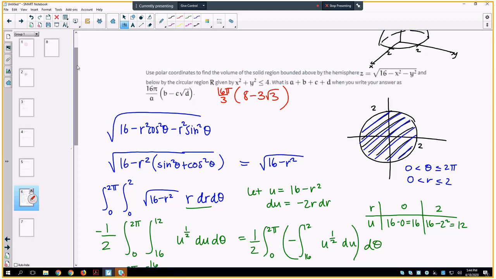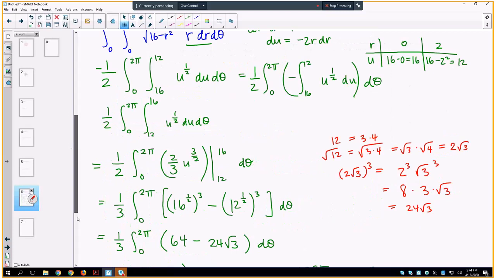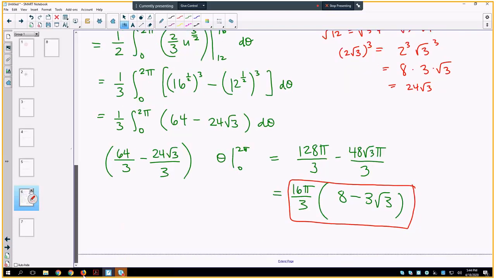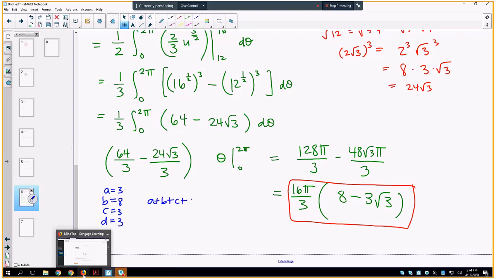So it tells us we want to add a, b, c, and d. So if I let a equals 3, b equals 8, c equals 3, and d equals 3, then a plus b plus c plus d is 17. I can answer the question that way.